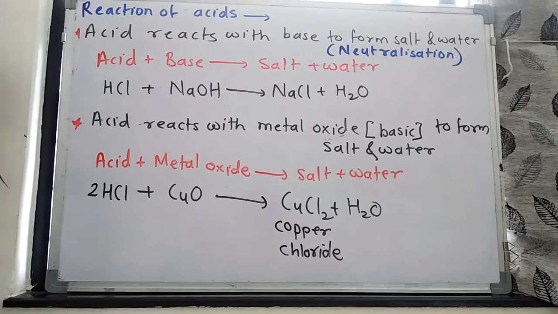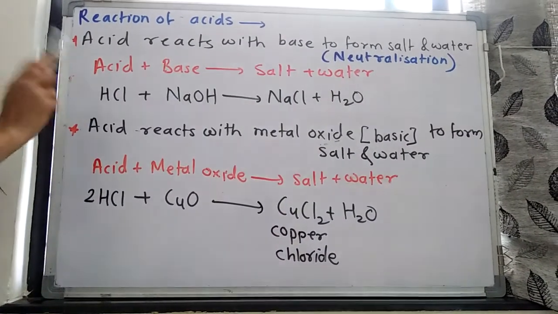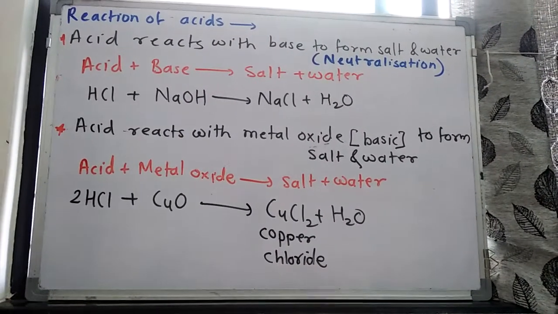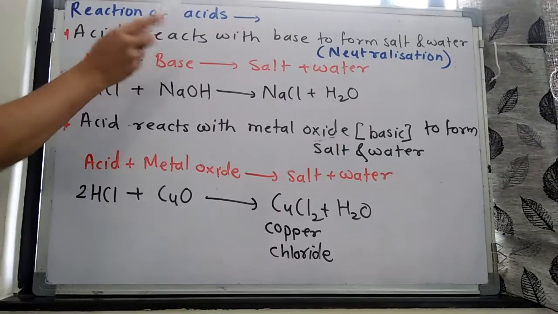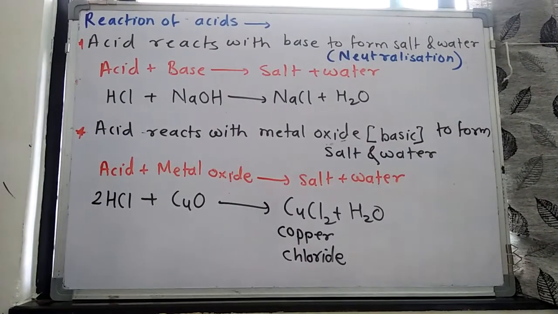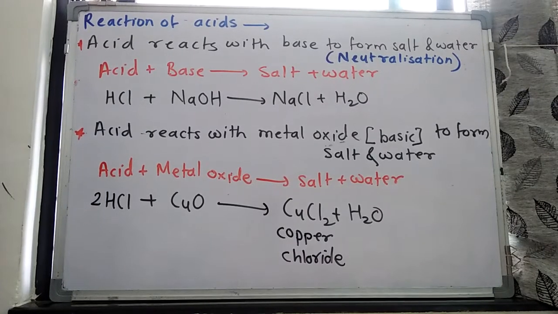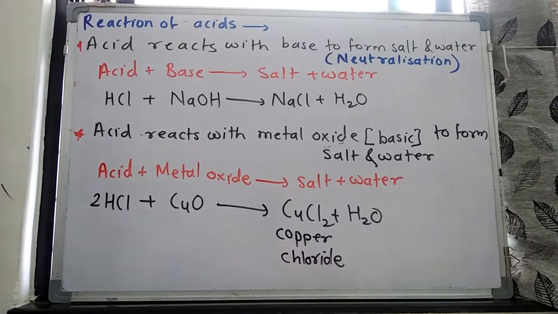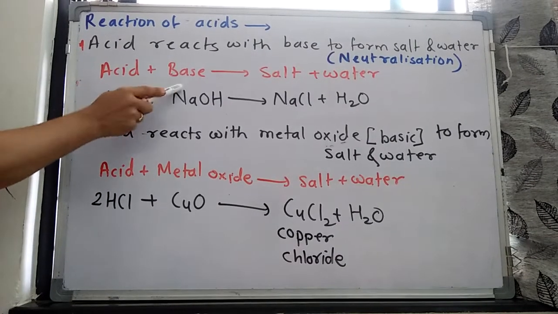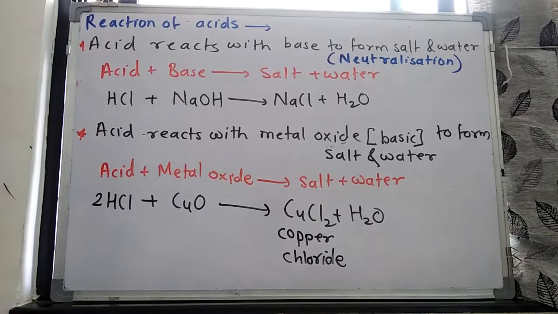Now 2 more reactions for acid. The first reaction is neutralization and the second one is also called neutralization. Now see, whenever acid reacts with base to form salt and water, this is actually a neutralization reaction. The reaction in which acid and base react with each other to form salt and water. So the general statement: acid plus base react with each other to give salt plus water.